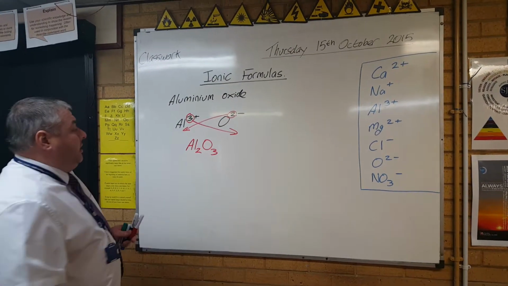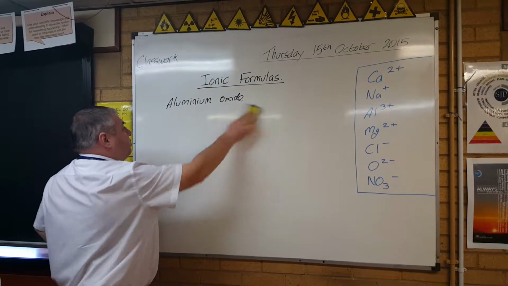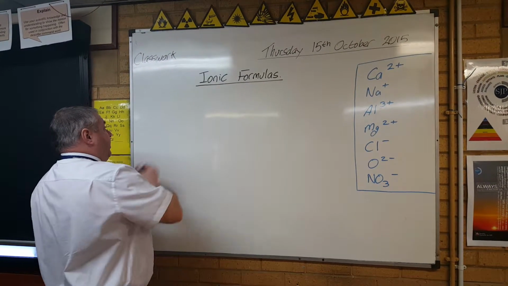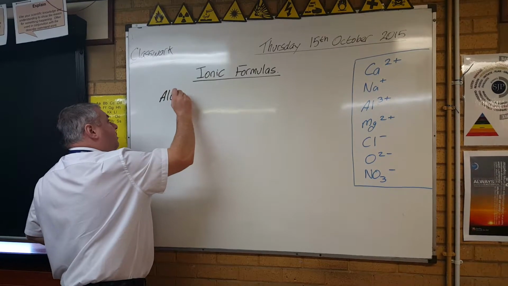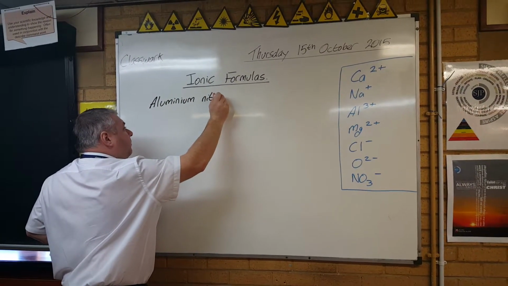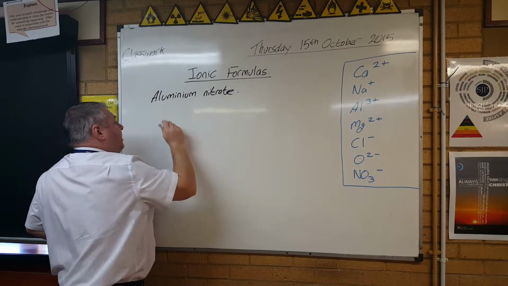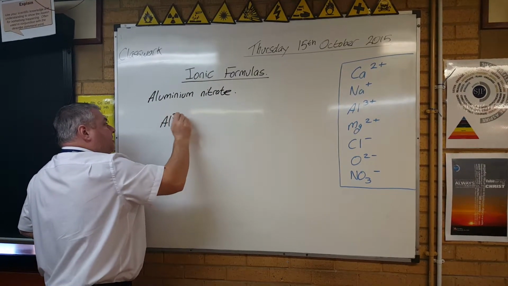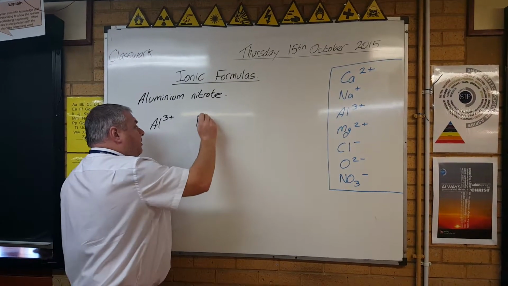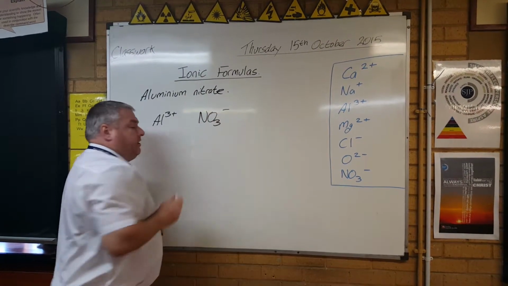Okay. We're going to do 2 more. The next one we're going to do is aluminium nitrate. Okay, aluminium, as we said earlier, is still a 3+ ion, okay? And the nitrate ion is NO3-.